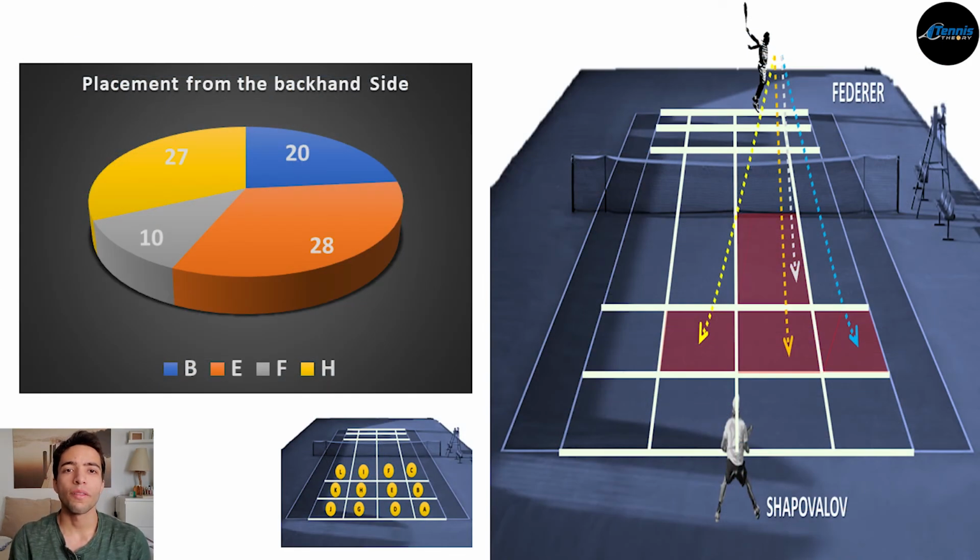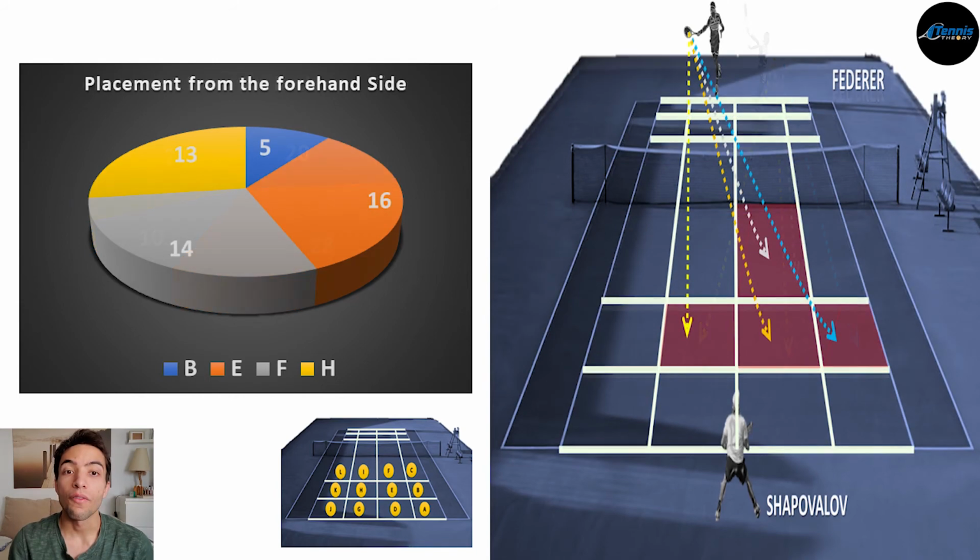These are the numbers that might be the most useful to know and to consider when developing a strategy. From the backhand side, he aimed at Shapovalov's backhand 68% of the time, and from the forehand side, he aimed at Shapovalov's backhand 73% of the time.